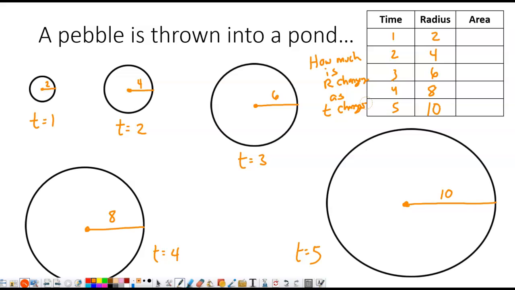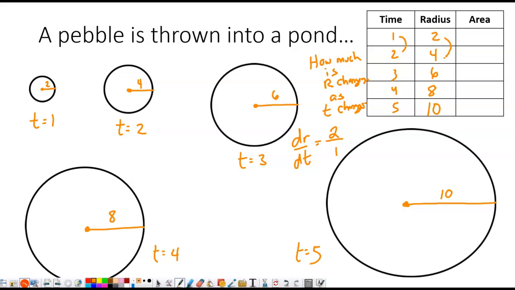Well, for instance, as I go from here to here, R increased by 2. And from here to here, T increased by 1. So, R changes by 2 as T increases by 1. And we make a fraction out of that. And that represents the derivative of R with respect to T. That's how much R is changing as T is changing on this interval.